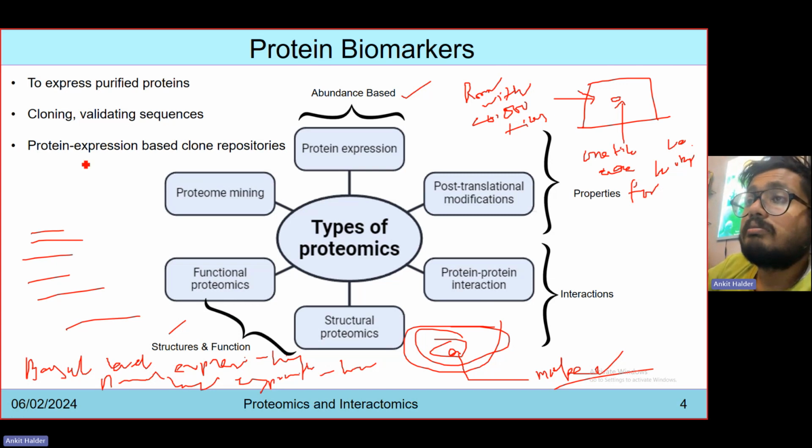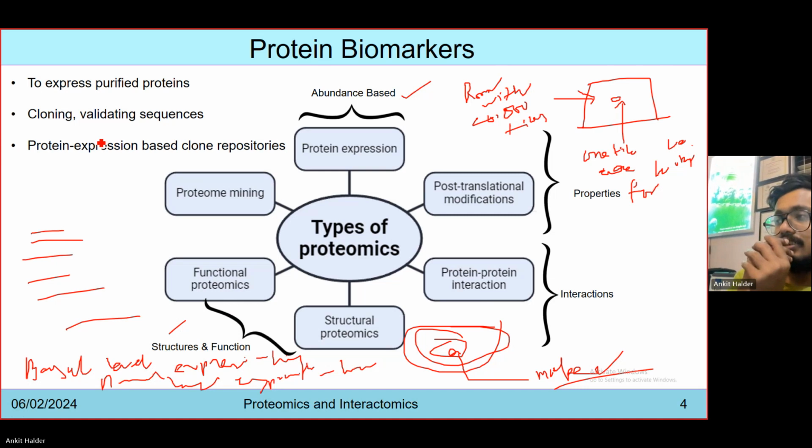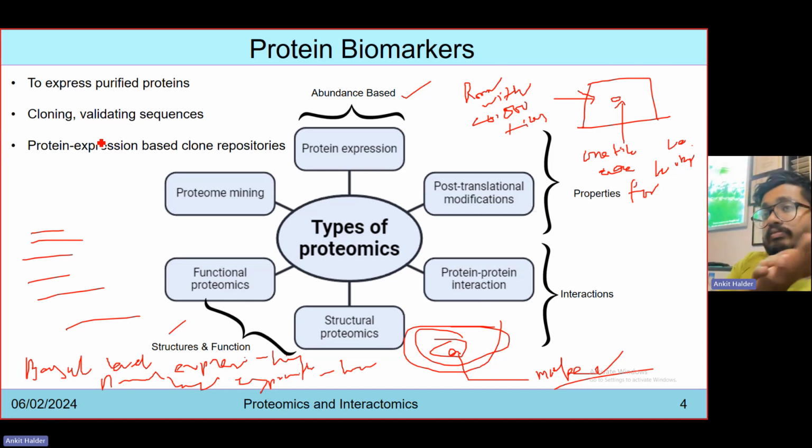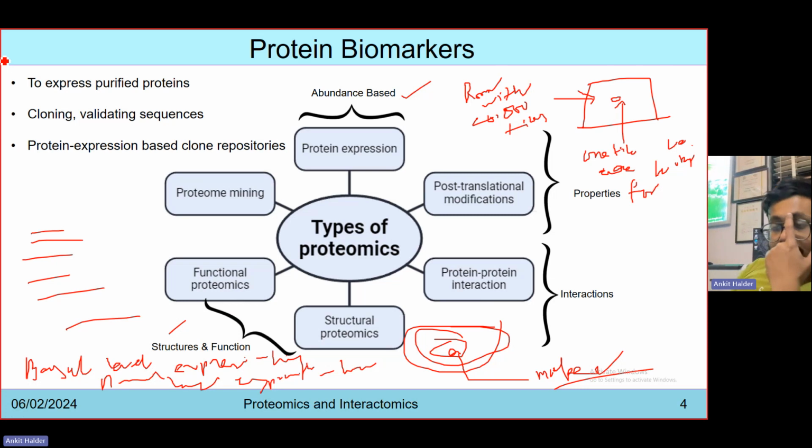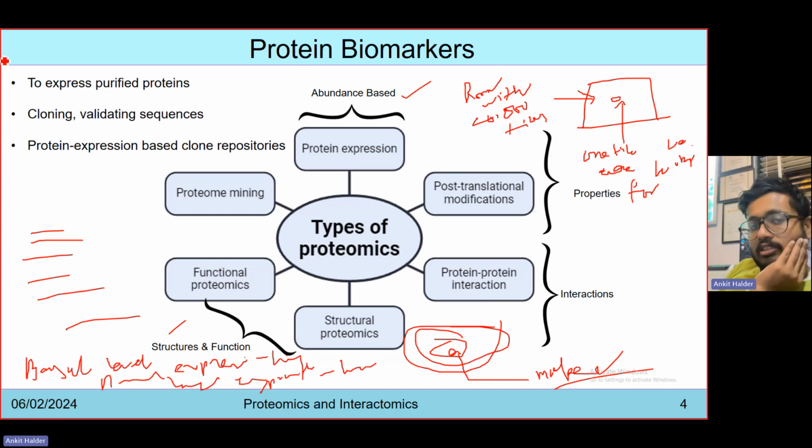Now the major things that are required in both abundance based and expression based approaches is expressing the purified protein. In the abundance based, if you think of the microarrays and all those interactions, we cannot afford to have those at very short notice, because we need to express the purified proteins.